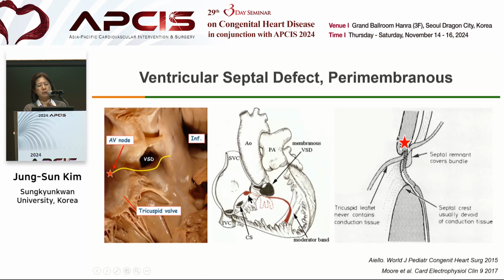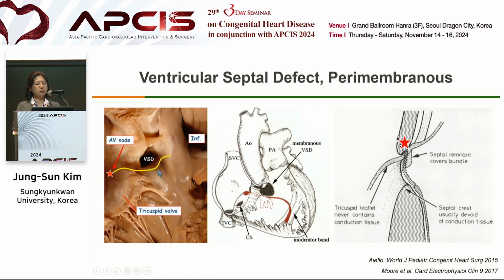Let's start with a simple VSD, because the type of VSD is important for the location of atrioventricular conduction tissue. Here, the first one is the perimembranous type of ventricular septal defect, in which the defect is located near the membranous septum.